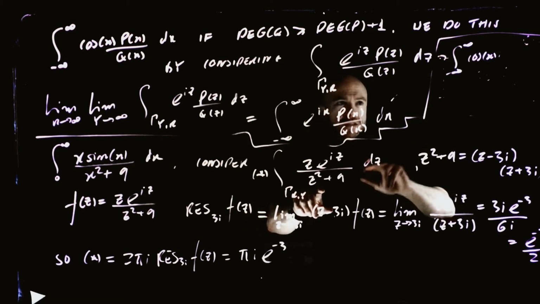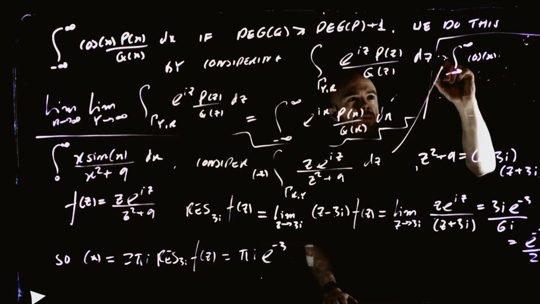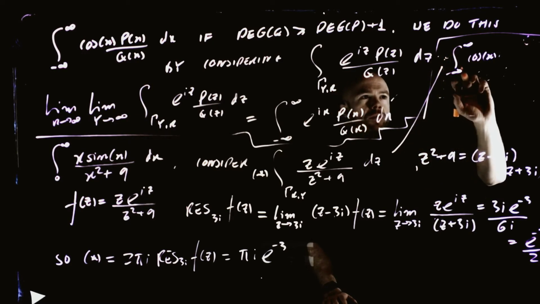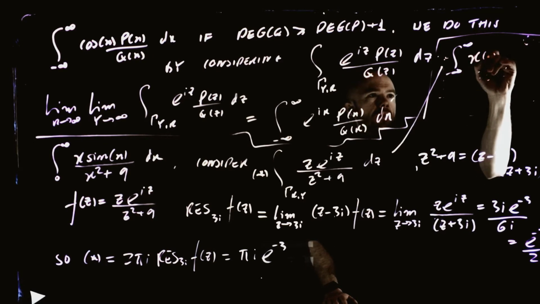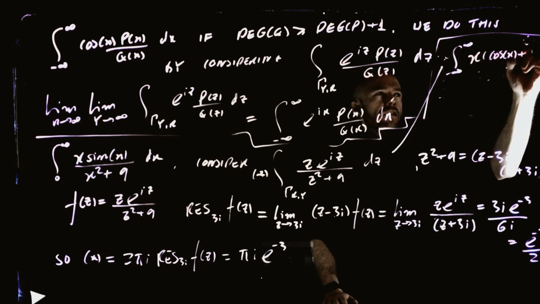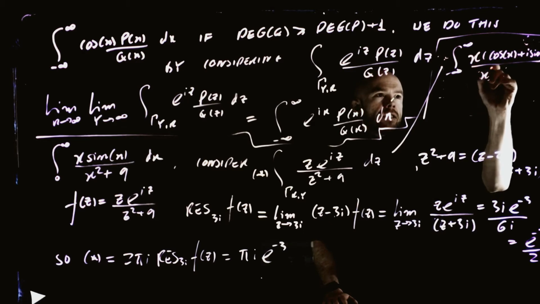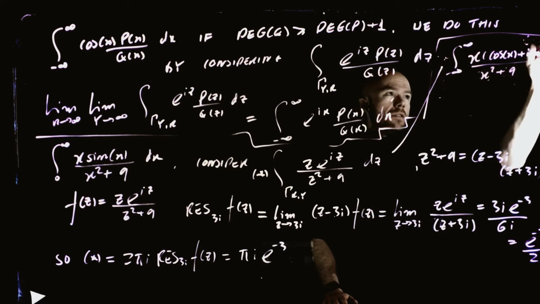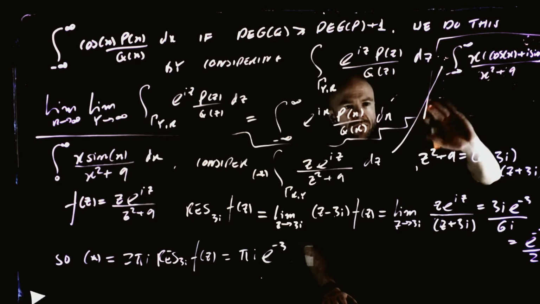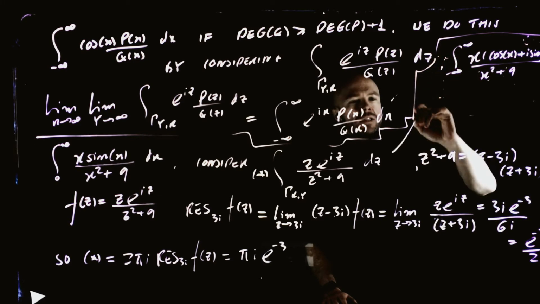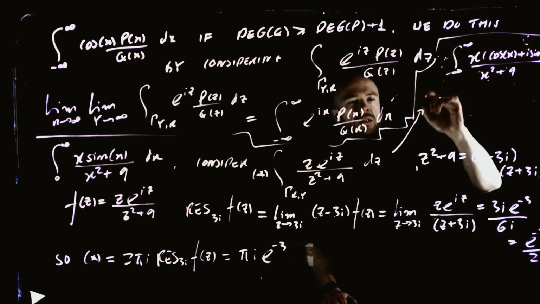So this thing in the limit goes to the integral from minus infinity to infinity of x times cosine of x plus i sine of x over x squared plus 9 dx. I definitely don't want you to think it's equal, because we have to take the limit.